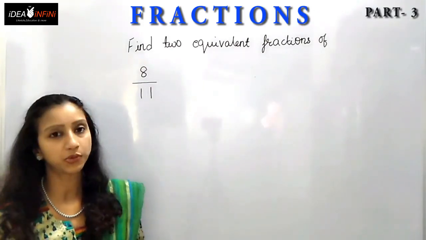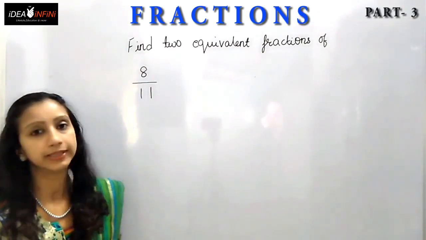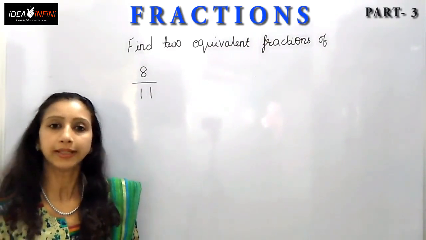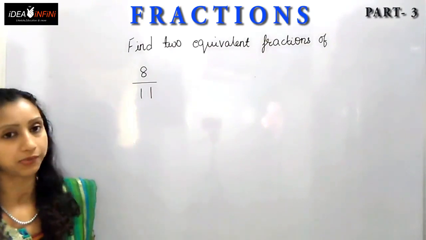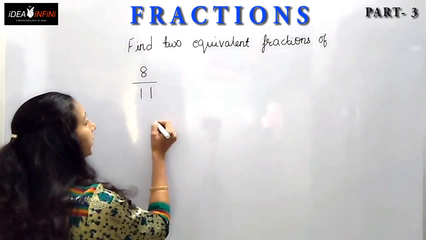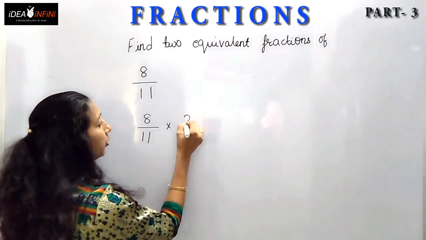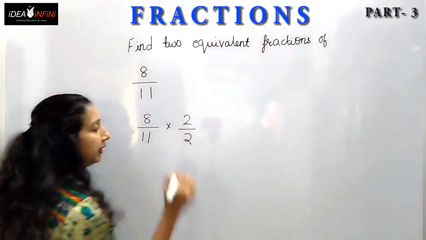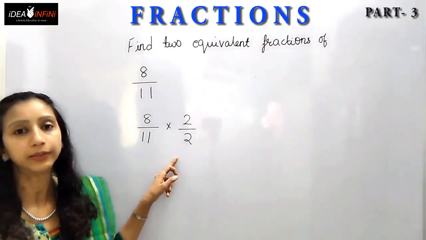Here I have a question with me. Find two equivalent fractions of 8 by 11. So 8 by 11 is my given fraction. That means the first equivalent fraction can be 8 into 2 over 11 into 2. What I am doing is multiplying by 2 by 2.